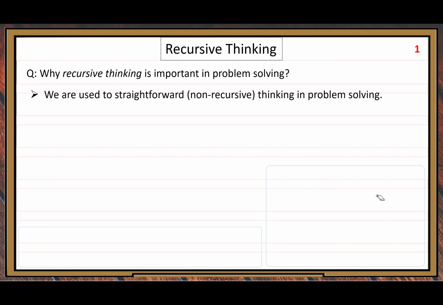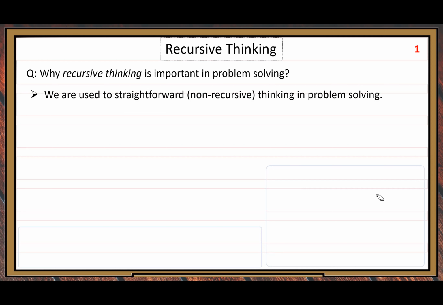First, we're used to straightforward, non-recursive thinking. With recursion, you need to get experience and get used to how to think recursively.